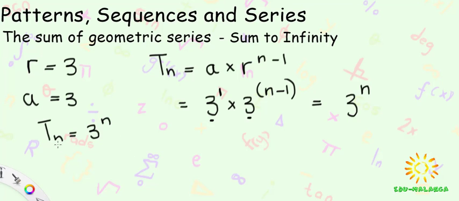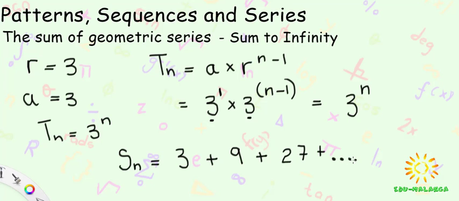Let's look at this series and get started with it. When you turn this into a series, you will have Sn is equal to 3 plus 3 to the power of 2, that will be 9, plus 3 to the power of 3, 27, plus, and you'll keep going on and on. What's happening in this series is that the numbers are getting bigger as you are growing.